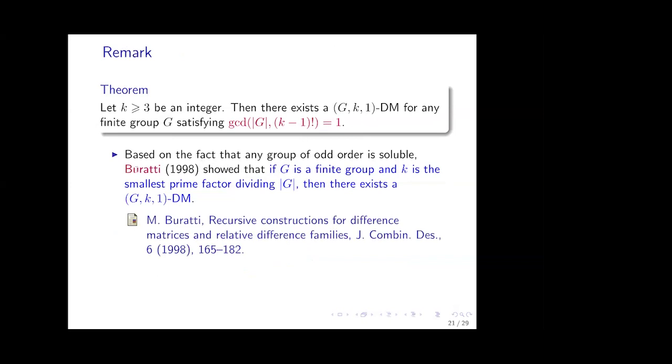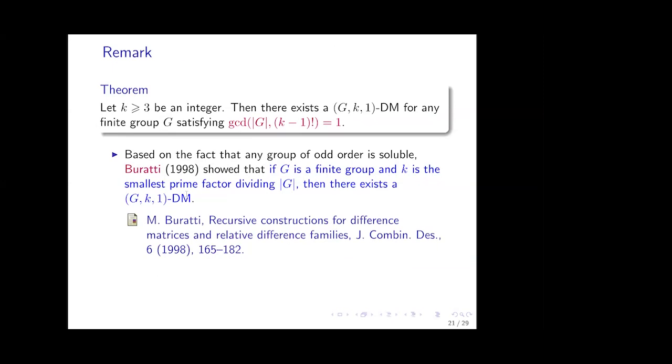But in Brady's paper in 1998, he mentioned this result, which I colored blue. He said, if G is a finite group and K is the smallest prime factor dividing the size of G, then there exists a GK1 difference matrix.